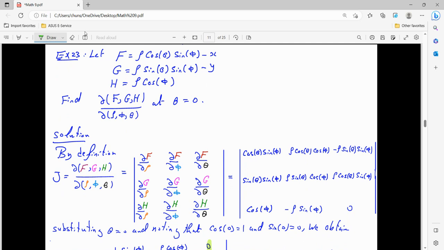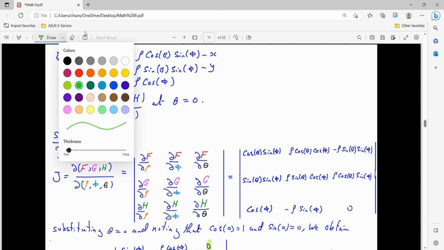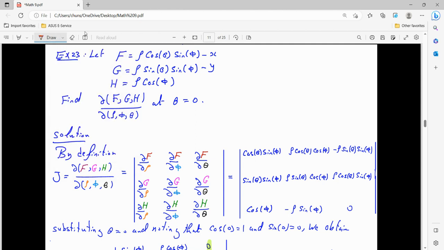Okay, so if we have 3 functions, we'll be making a 3 by 3 one. And we have a value for theta this time. So in this case, each function is with respect to theta, phi, and rho. So these are the 3 variables that we're going to use.